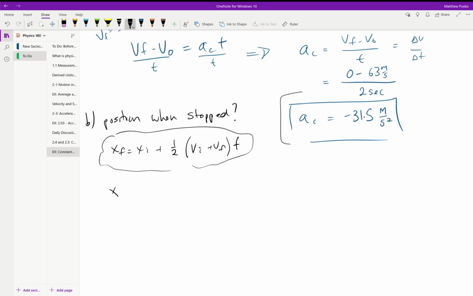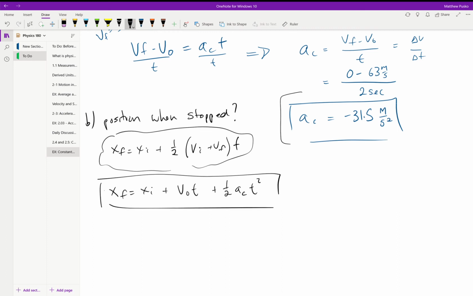Let's use x final is equal to x initial plus the initial velocity times time plus 1/2 constant acceleration times time squared. This one y'all have definitely used before. Let's throw our constant acceleration in there. We know that this is a 2-second interval, so is this. And we have the initial velocity as about 63 meters per second.